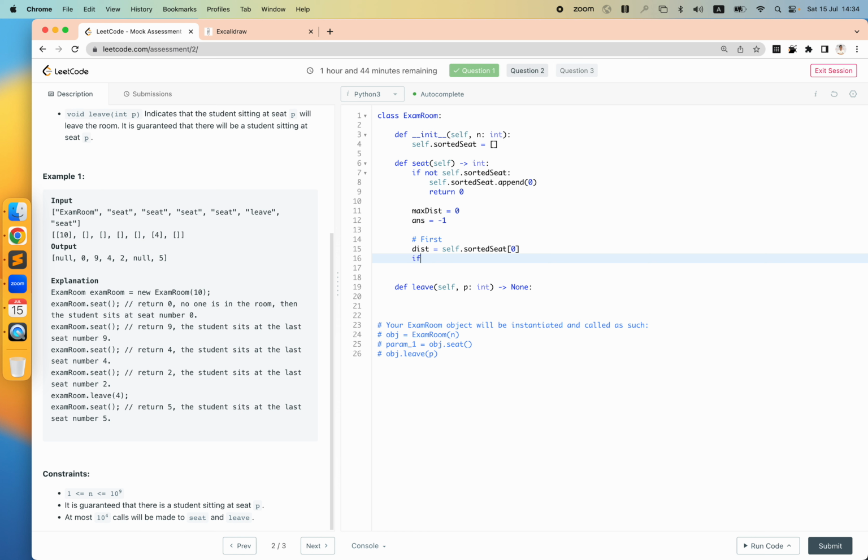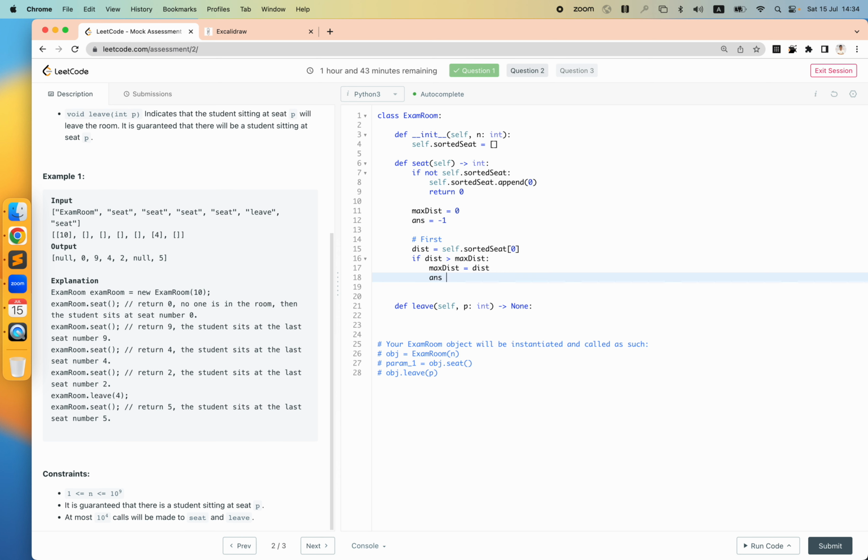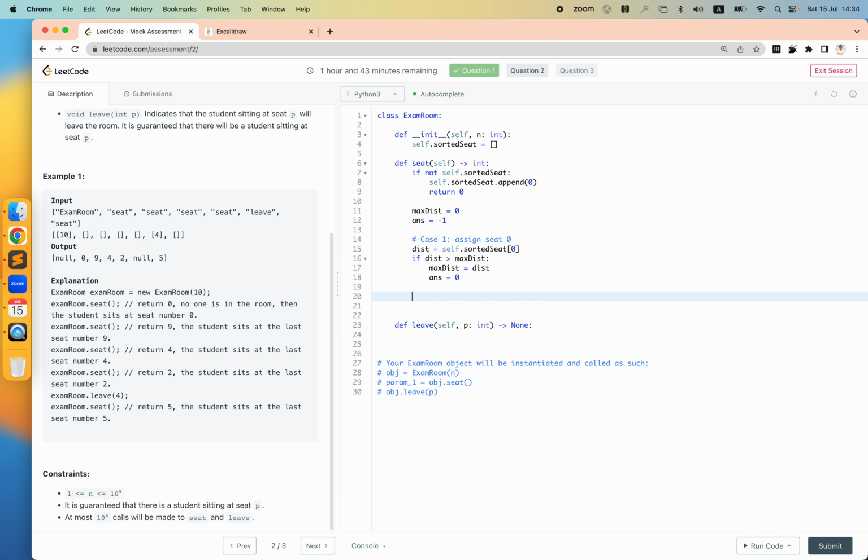This one, so if this is greater than max distance, then max distance equals this, answer equals 0. We assign it to 0. First set 0. Size set 0.